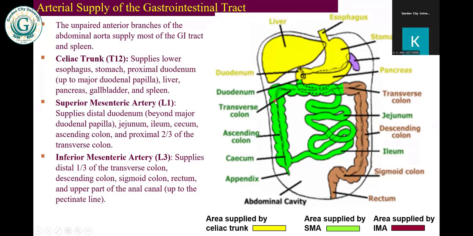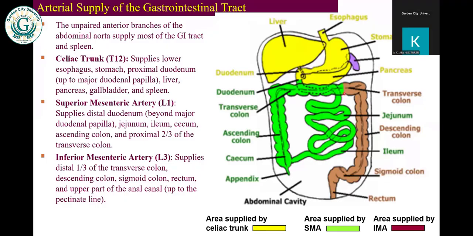Then blood supply to the midgut. When I say midgut, during development there are three gut tubes: foregut, midgut, hindgut. The foregut would develop to form the structures you see in yellow. The midgut would develop to form the structures you see in green, and the hindgut would develop to form the structures you see in brown.